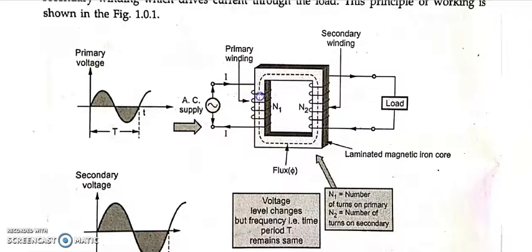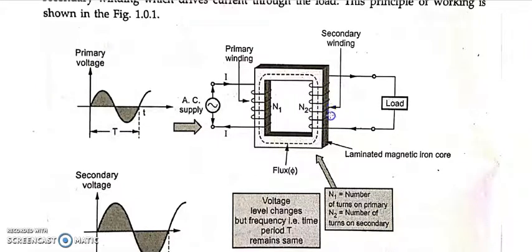And again, there is a flux which travels all along the path of the magnetic core like this. This flux will interact with these windings. I should remember that this flux is variable, and this variable flux links with the secondary circuit.